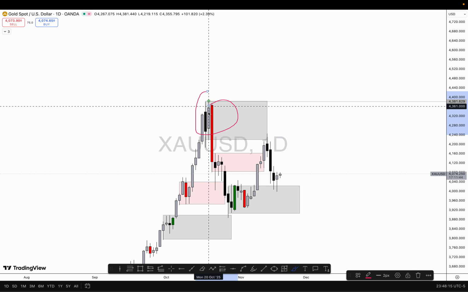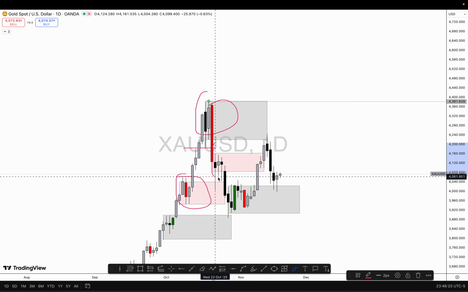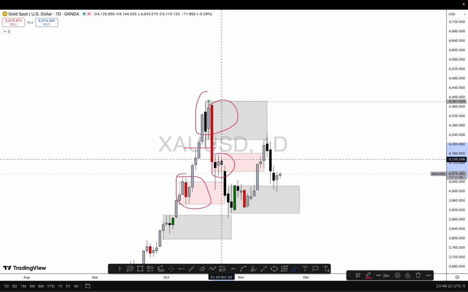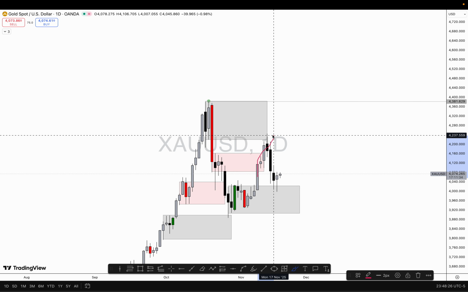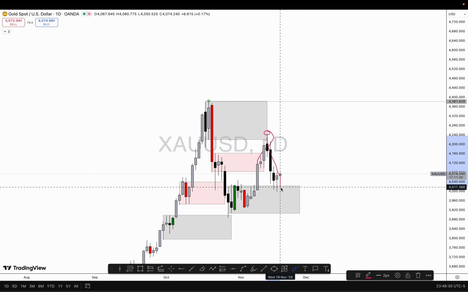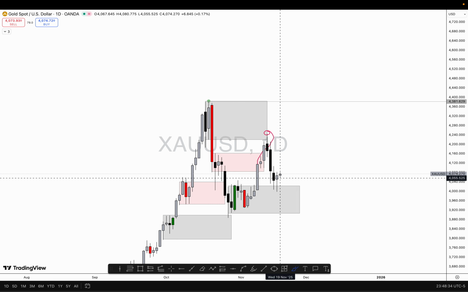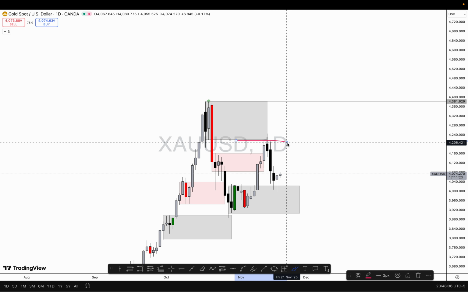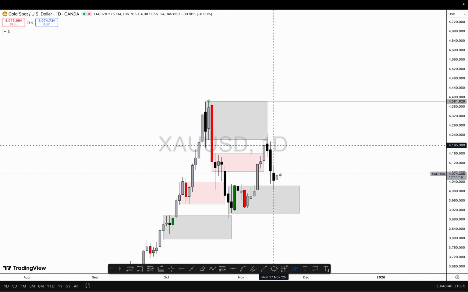The supply zone was created when the market removed this demand, as well as this supply zone was created. The market came up, reacted to daily supply, dropped down to daily demand, currently reacting. Now this would be the supply and demand range. Both zones are qualified.